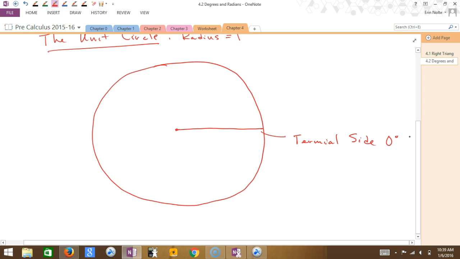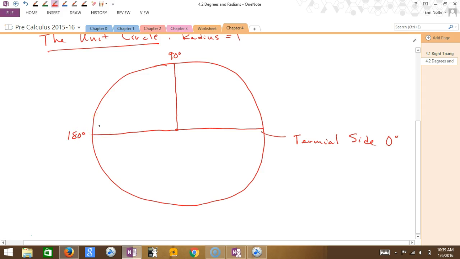If I go straight up, what degree value would be straight up? What angle did I just draw? 90-degree angle. If I go straight out this way, what angle is straight to the left? 180 degrees.